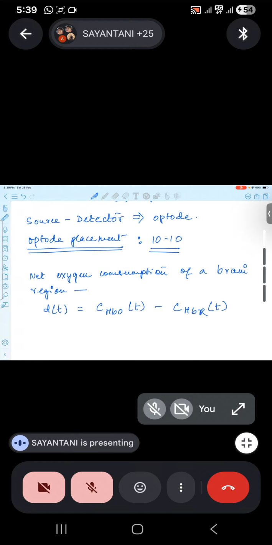This is how mathematically we finally calculate these values. We'll get into the details of each signal processing mechanism in the subsequent classes.